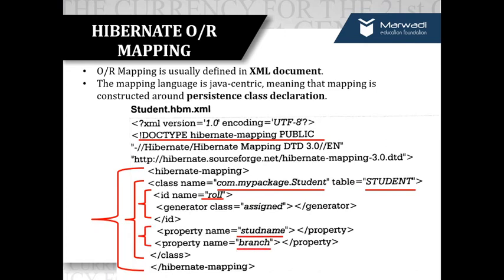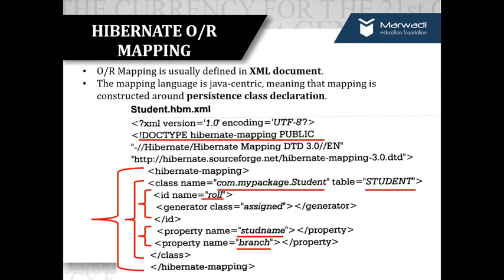And there are various properties defined for a particular class. You can see there are property names, okay, student name, that is stud name, and branch. Fine. So this property element allows us to map the Java class property onto a particular column of a table.